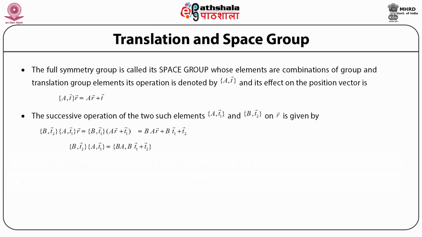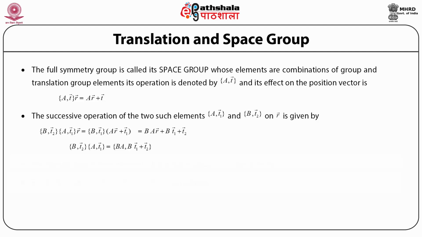BT2 and AT1 acting on R means that first AT1 acts on R, so this is equal to BT2 times AT1 acting on R, which takes R to AR plus T1. Then BT2 acts on this vector AR plus T1.